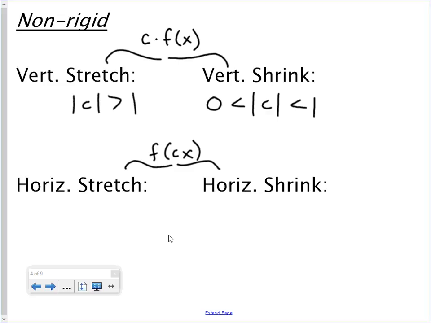It goes back to that whole idea that anything you do inside the parentheses with x is kind of the opposite of what you think it will be. So you'll have horizontal stretch when the absolute value of c is between 0 and 1. We will have horizontal shrink when the absolute value of c is greater than 1.